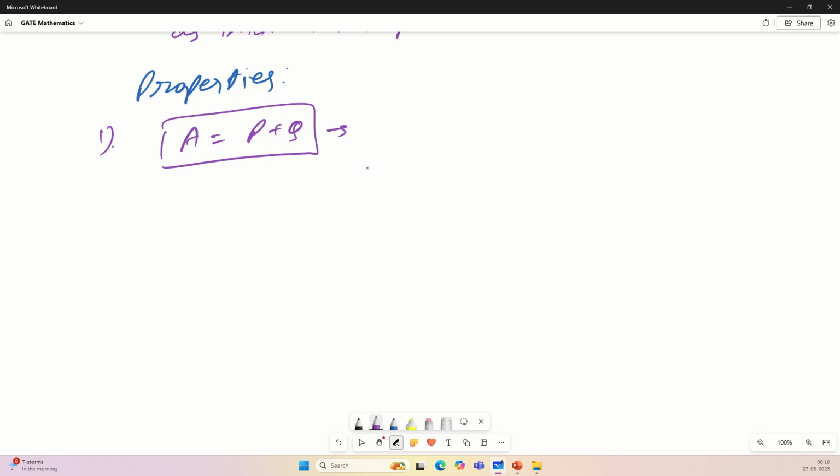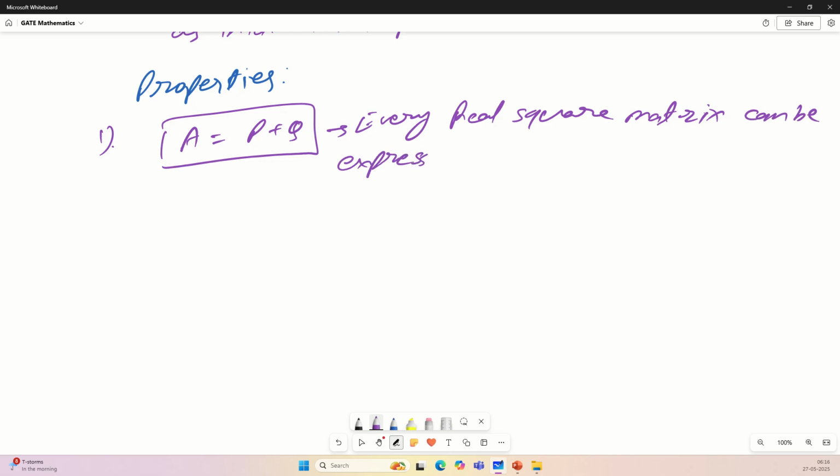Every real square matrix can be expressed as a sum of symmetric and skew symmetric matrix.